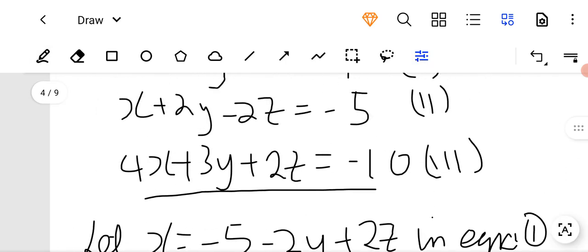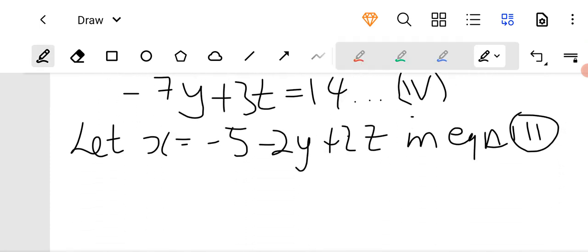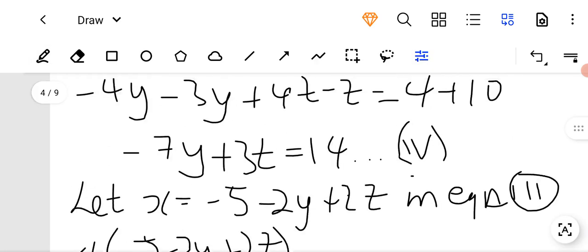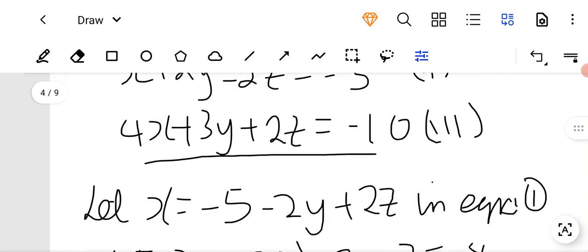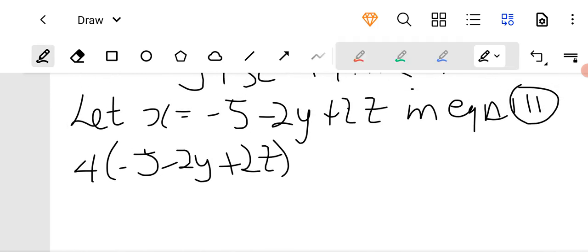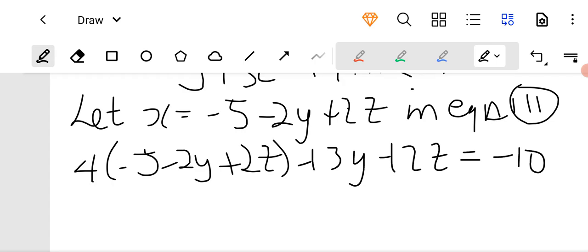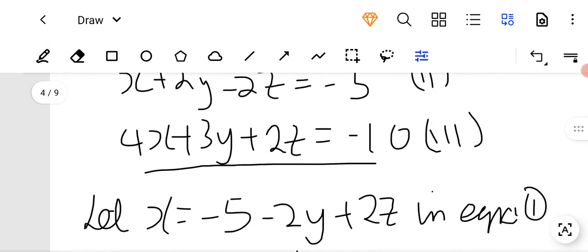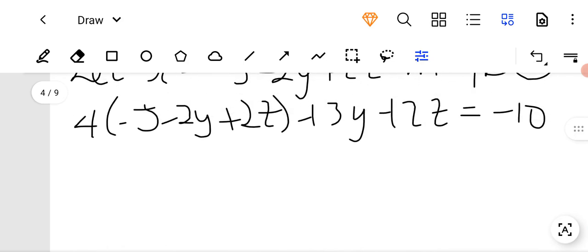So it's going to be 4 multiplied by this expression, that's 4x, and then plus 3y plus 2z is equal to negative 10. Let me just confirm. And then you start simplifying accordingly.